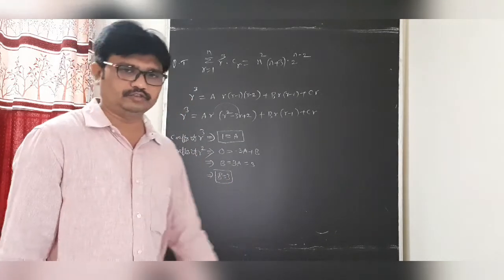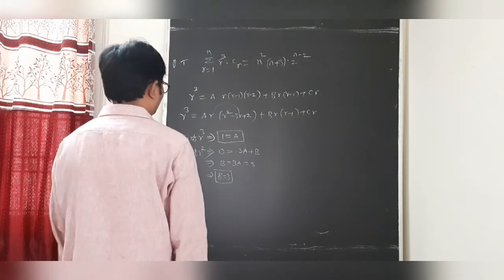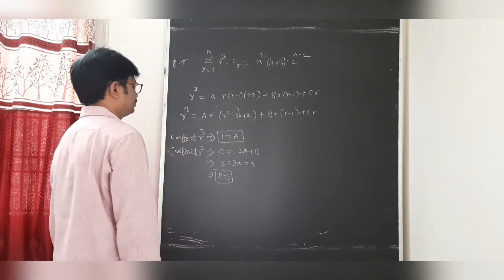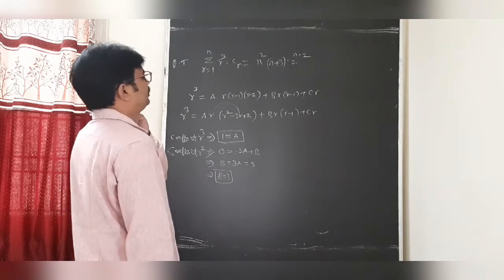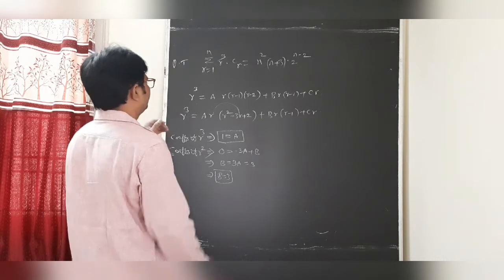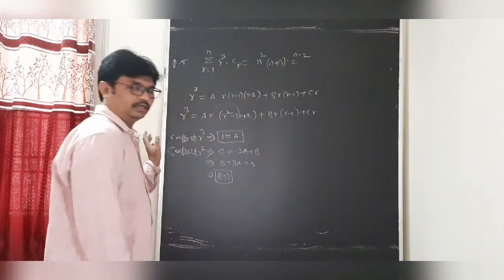Now, students, we are equating the r coefficients. So, dear students, equating the r coefficients, or put r equal to 1 on both sides. That is 1, this is 0, this is 0, C will be 1.